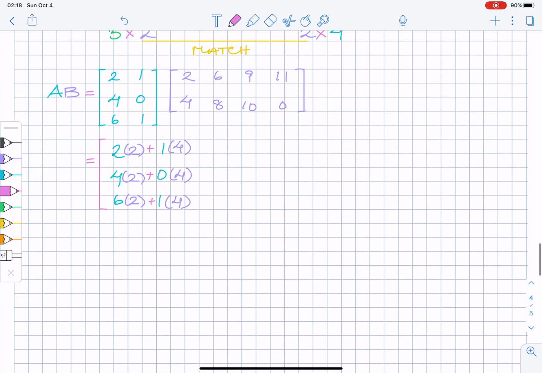Okay, so let's see. Row 2 times 2 plus 1 times 4. Yep, that works. Okay, so now let's do the next one, which will be 2, 4, 6, and 6, 6, 6, plus 1, 0, 1, and 8, 8, 8.